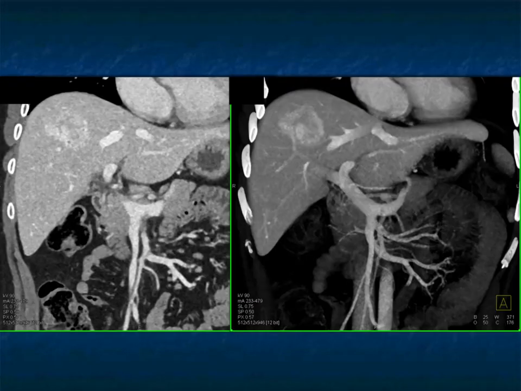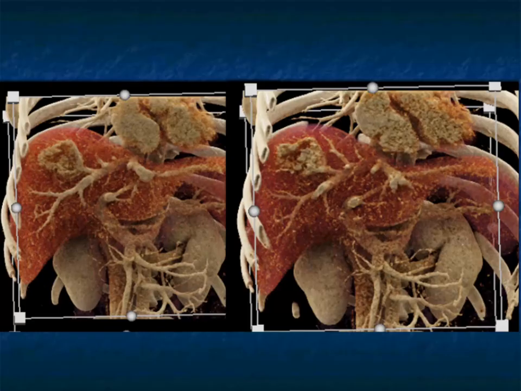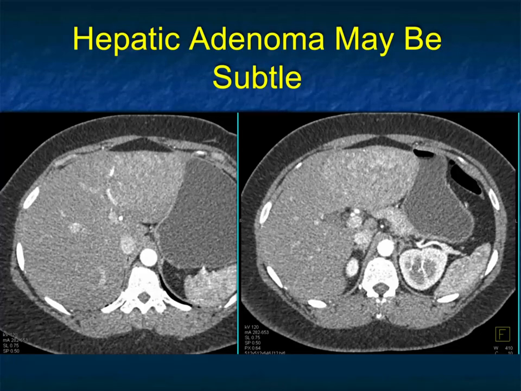It looks solitary. There's no underlying cirrhosis. So again, you're going through that differential diagnosis. Here it is nicely shown with the mass effect on the cinematic rendering. Classic hepatic adenoma, but not so easy because I would be thinking of hepatoma all the time. It's not just a leave-alone lesion.